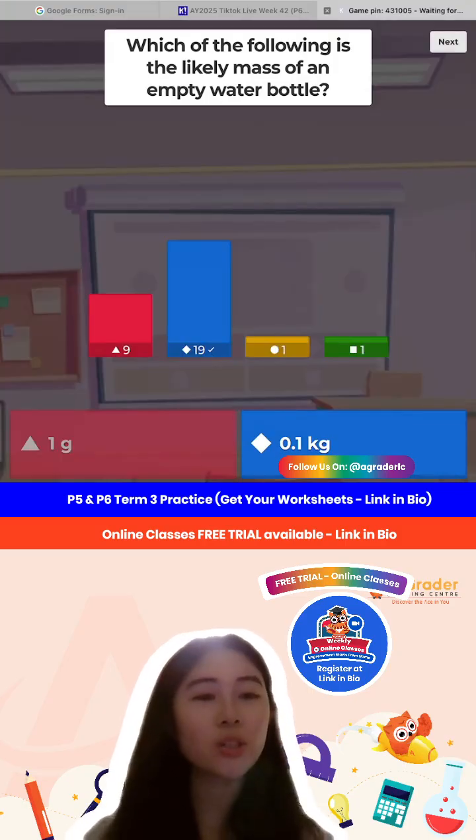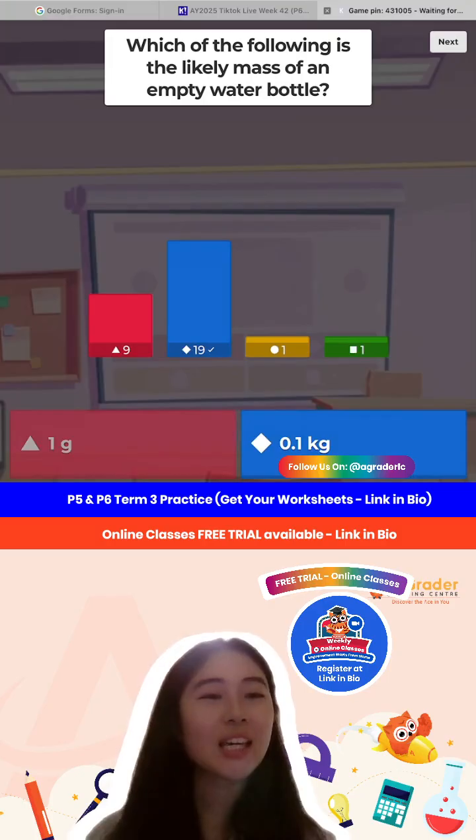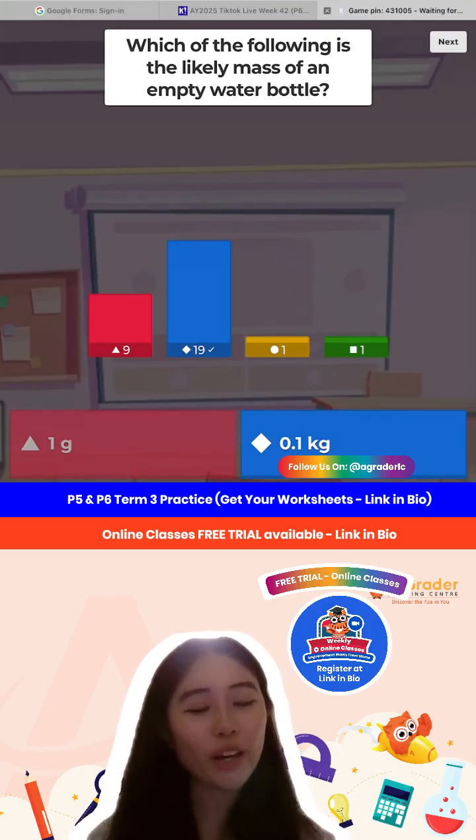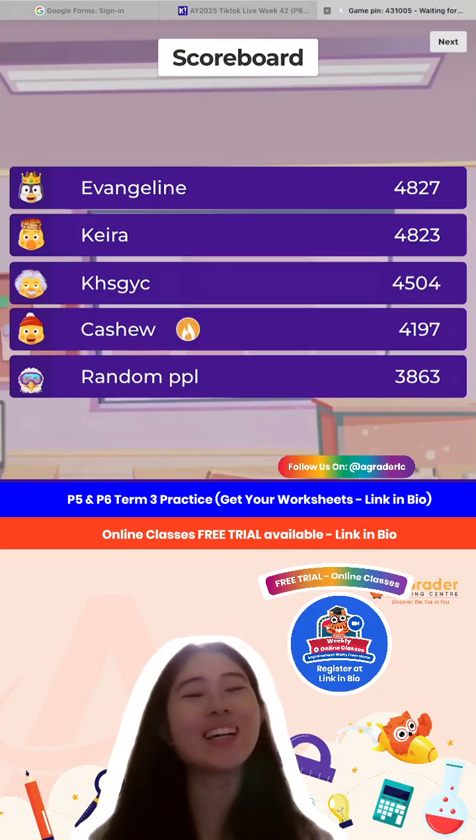Okay, this question is still alright. Kit Kat, you pressed 10 kg for an empty water bottle. Oh no.